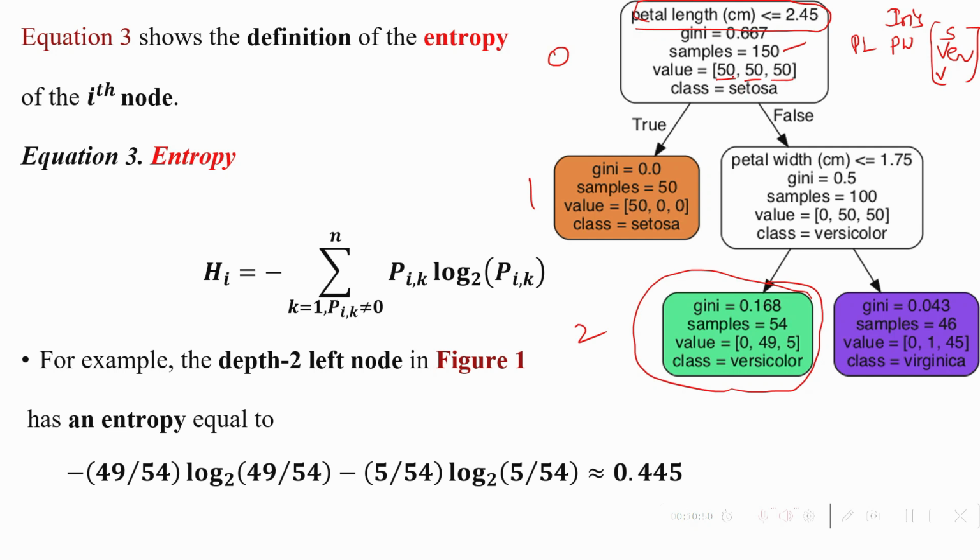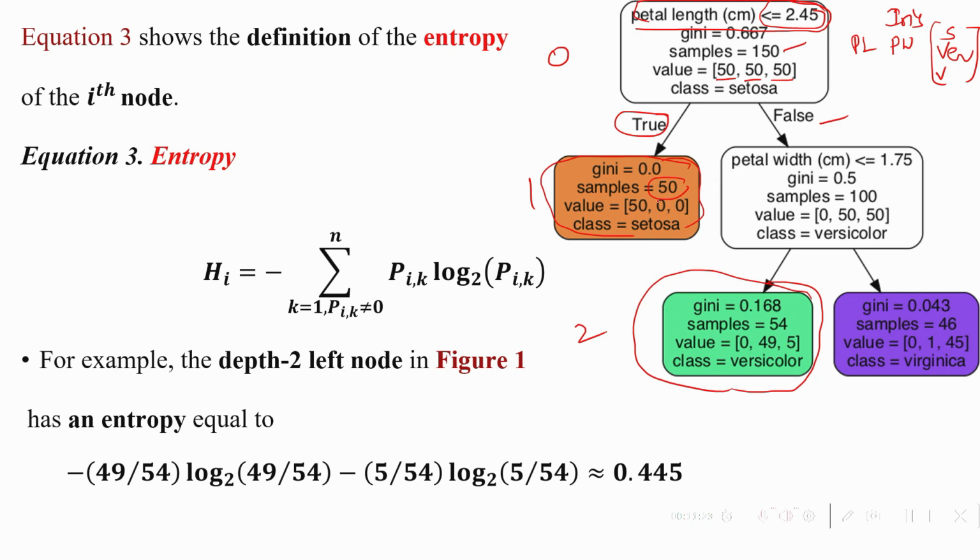If the condition petal length is less than or equal to 2.45 centimeters is true, we go to the left node. Otherwise, we check the other condition. Only 50 instances satisfy this condition, and the remaining elements do not.